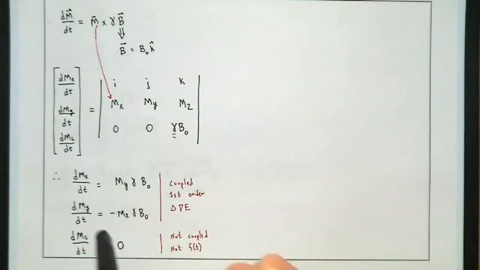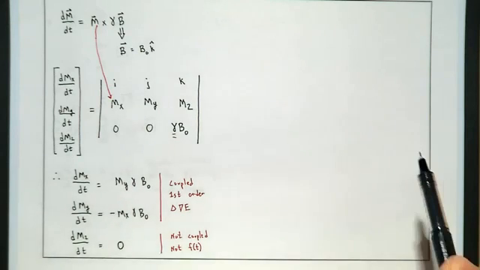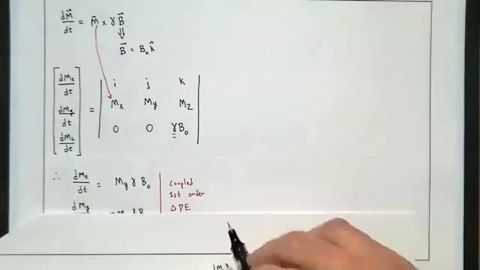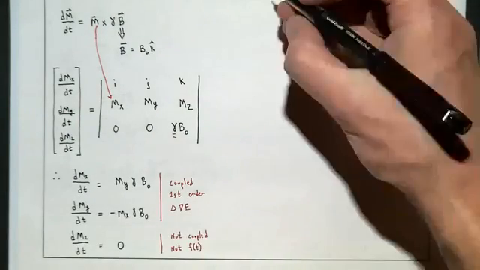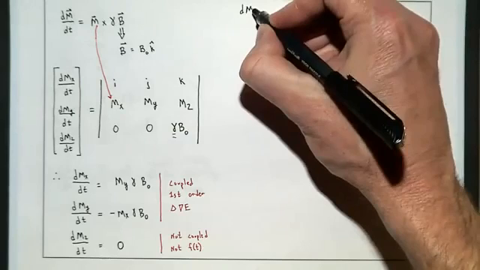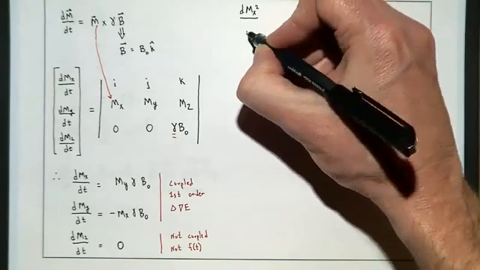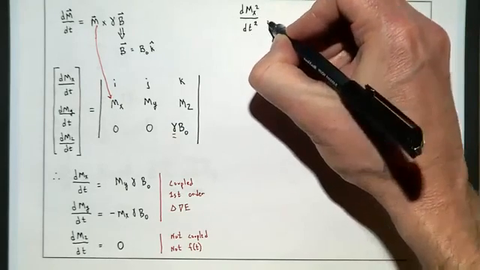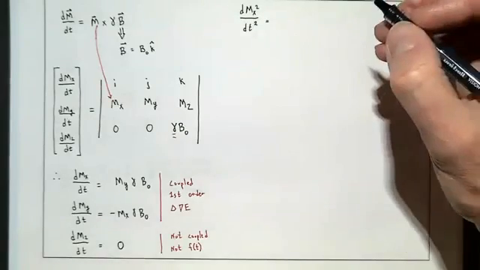What we have to do is work with this set of differential equations. And what I want to do is take the time derivative of both sides, and that'll let us decouple these expressions. So we'll go from having coupled first order differential equations to having uncoupled second order differential equations. That's pretty easily done. All I have to do is differentiate with respect to time. So I have d²Mx/dt².